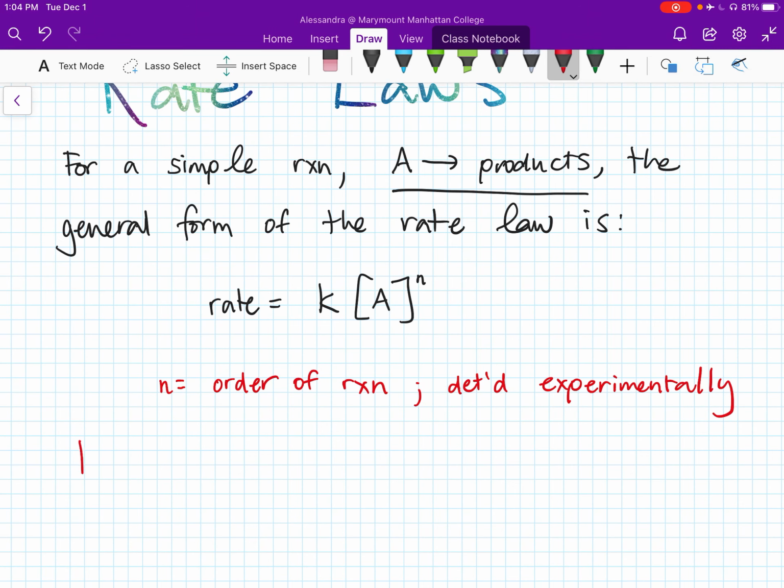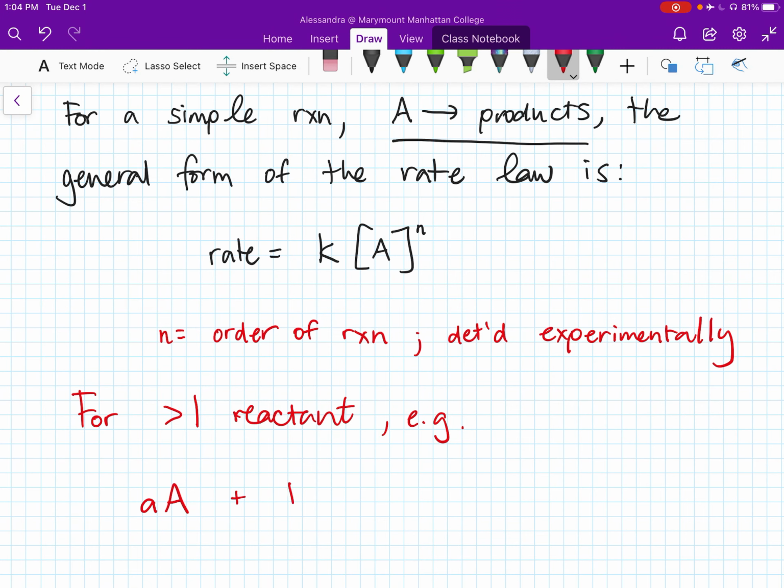If you have more than one reactant, you have more than one reaction order involved in the reaction. So for more than one reactant, for example, let's take lowercase a of A plus lowercase b of B going to products. That just gives you the idea that I have two reactants involved rather than just one. The rate law might involve both of their concentrations.